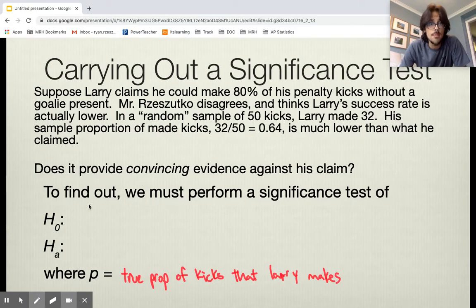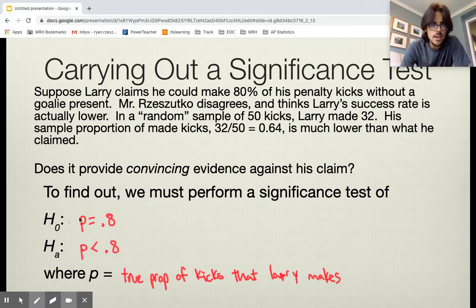And then for our hypotheses right here, your H0, your null hypothesis, is always the status quo. It's what our baseline is. And we're going to go into this problem assuming that Larry is correct. So Larry claims he's an 80% shooter, and that's the truth we're going to operate under. But I am looking for evidence. I'm choosing to run this test, and I think that Larry is actually less than an 80% shooter.